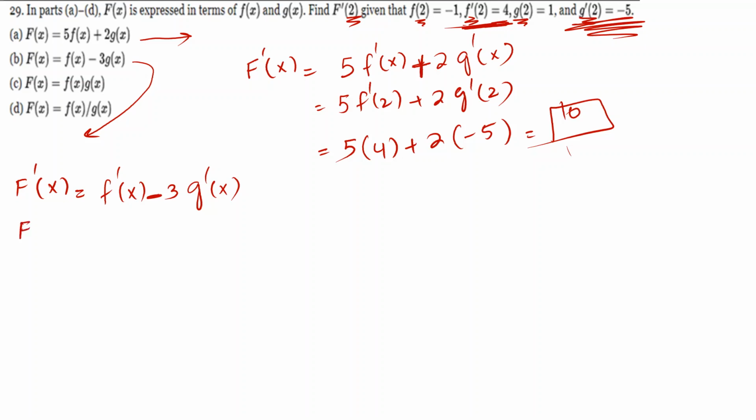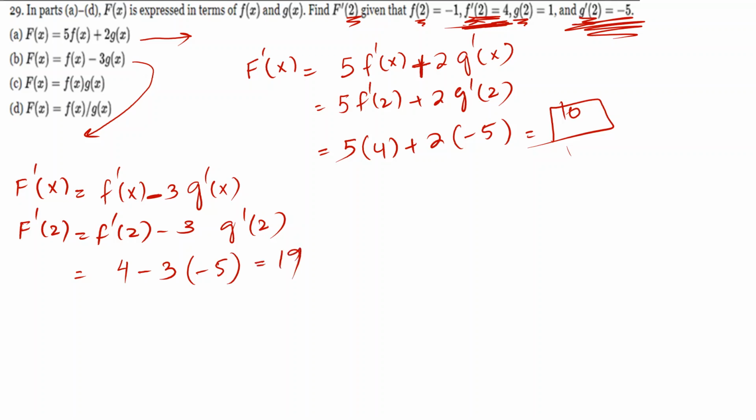Now wherever you have the x, replace it by the 2. So f prime of 2, look at the data. F prime of 2 is 4 minus 3 and g prime of 2 is negative 5. So 15 plus 4 gives us 19.